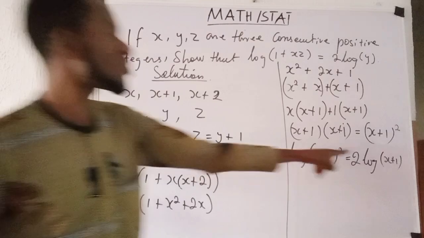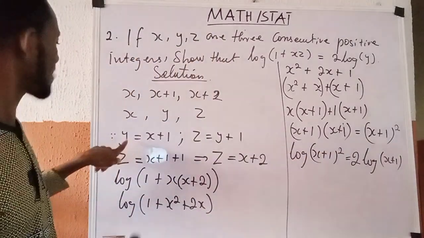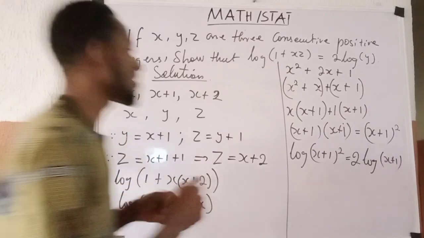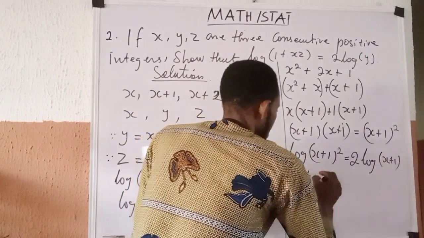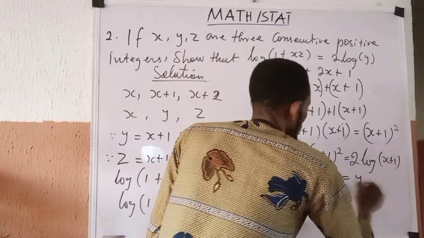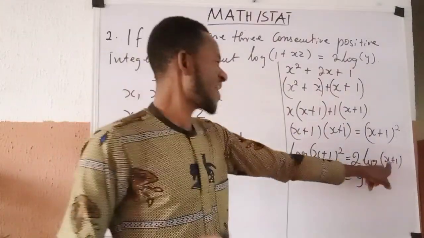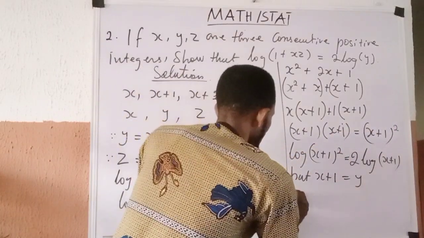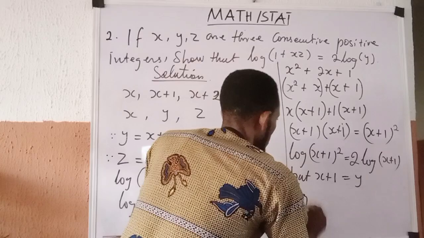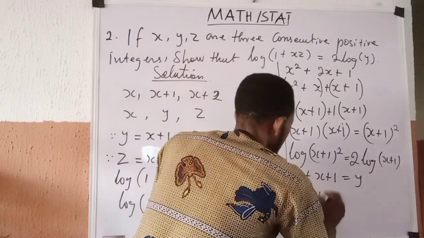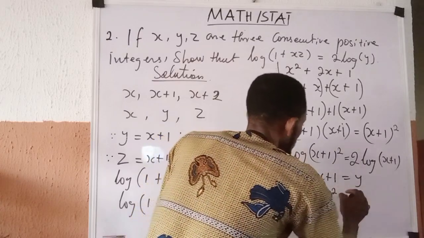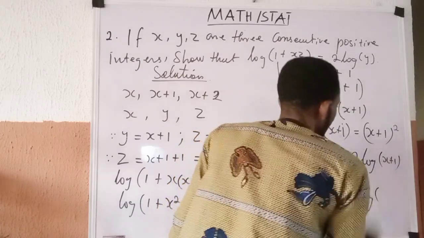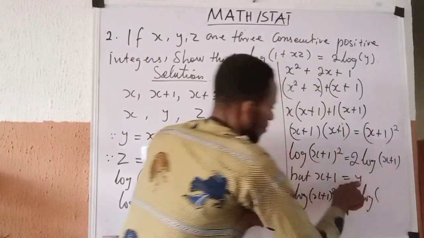But remember that x plus 1 is defined as y. So if I come here, anywhere I say x plus 1, I will replace it with y. Therefore, this log of x plus 1 all raised to power 2 is given as 2 log, open a bracket, y, since x plus 1 is already y.